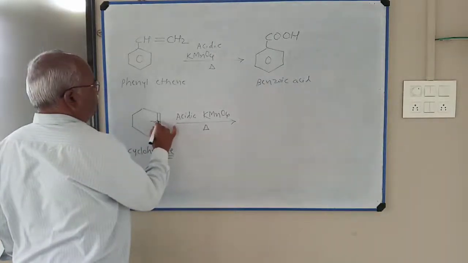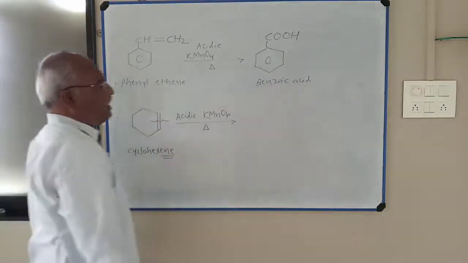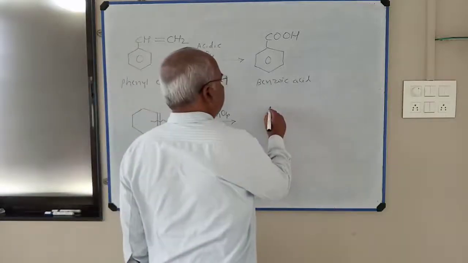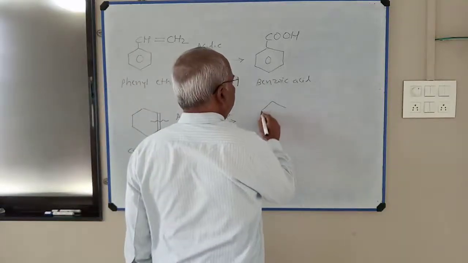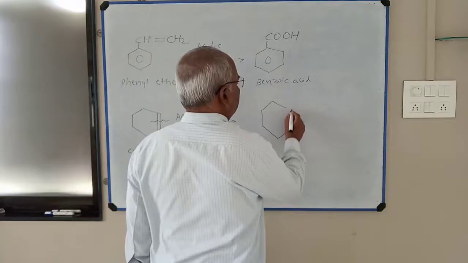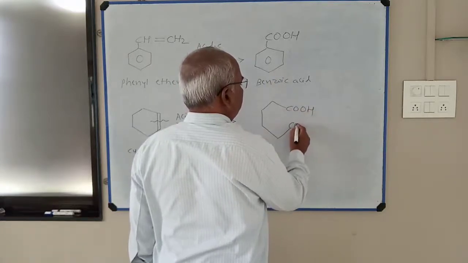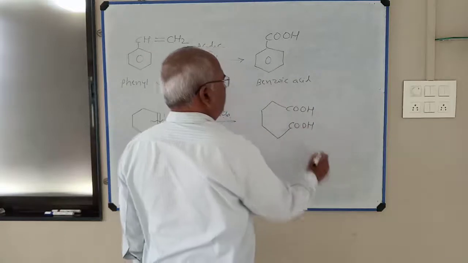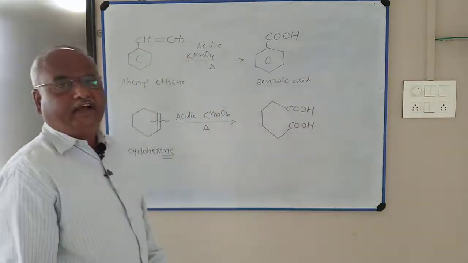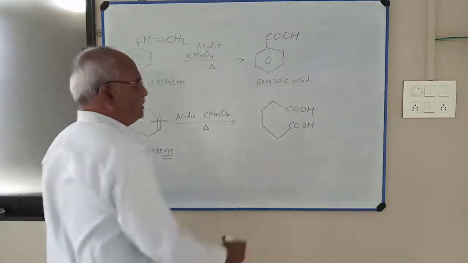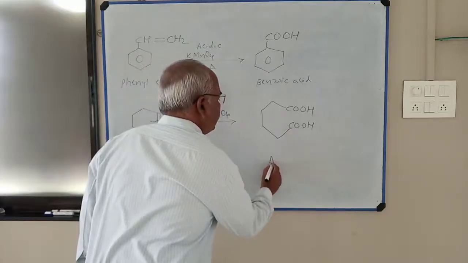The bond breaks here and we get the acid COOH, COOH. Dicarboxylic acid is produced. The name of the acid is adipic acid.